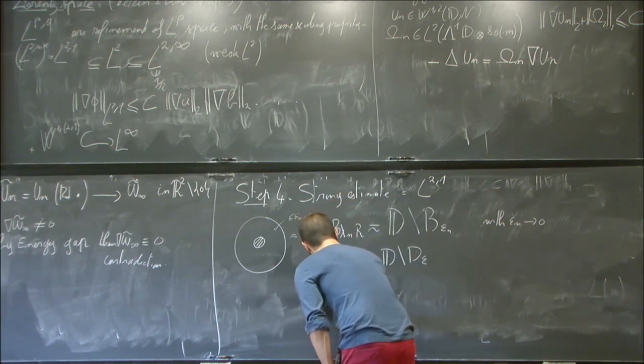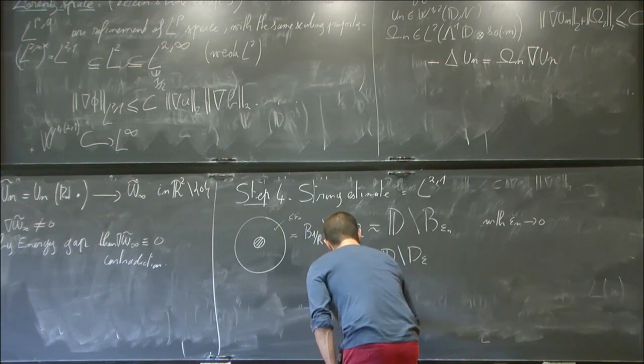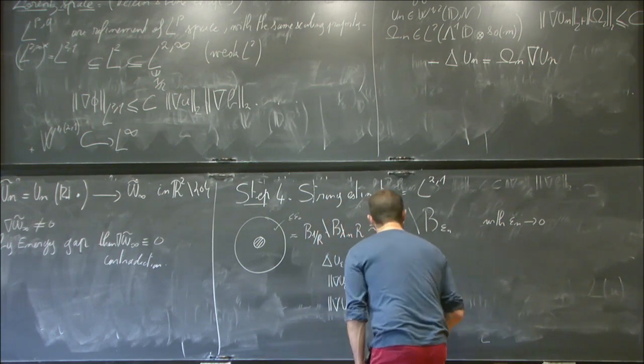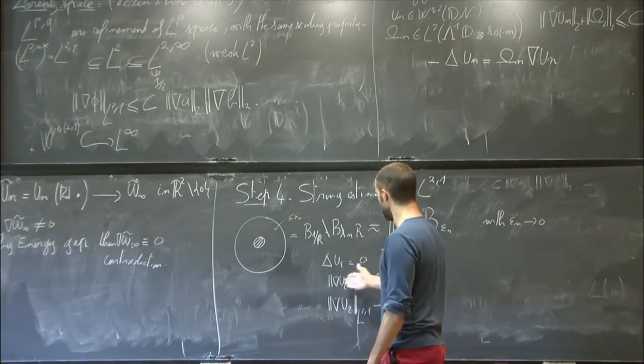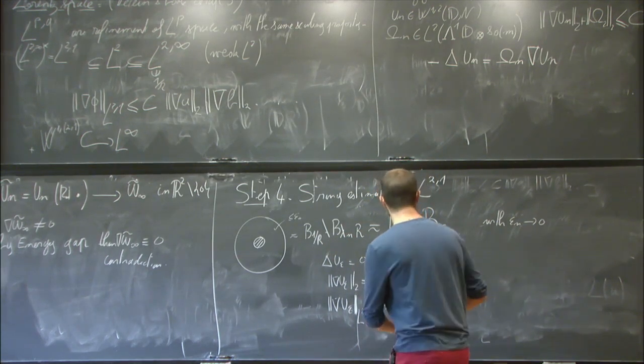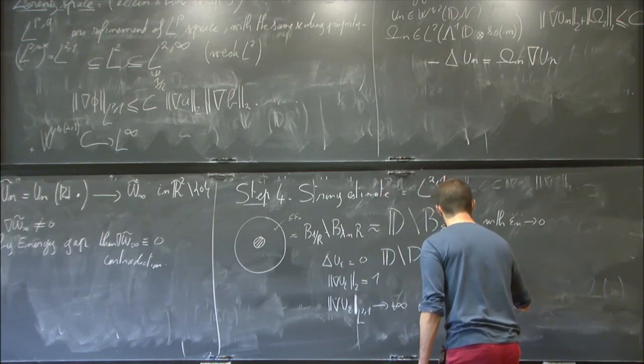And the L21 norm goes to plus infinity. So, of course, it satisfies the 1t assumption. It's a harmonic function. You can always assume that, and this function is the logarithm.